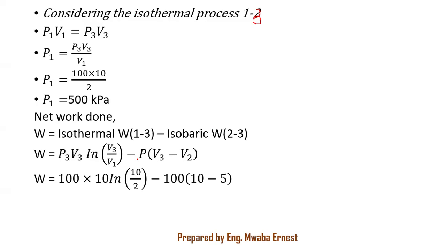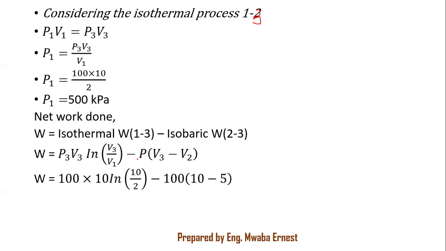Now, here we have our values. First, we have work, a P3 is 100 multiplied by volume 3, which is 10. Ln V3 is 10, then V1 is 2, minus.